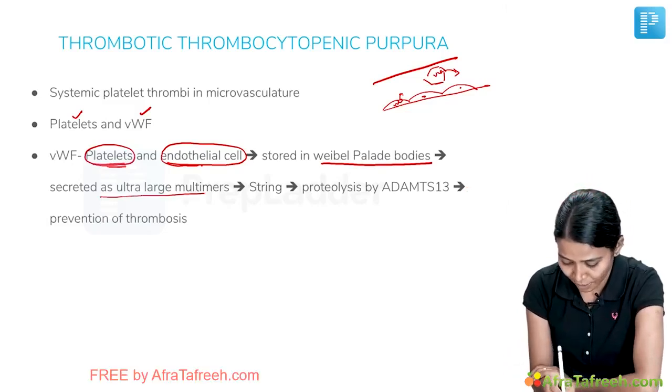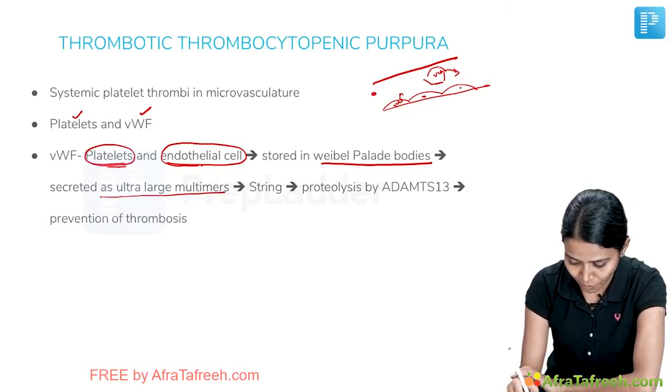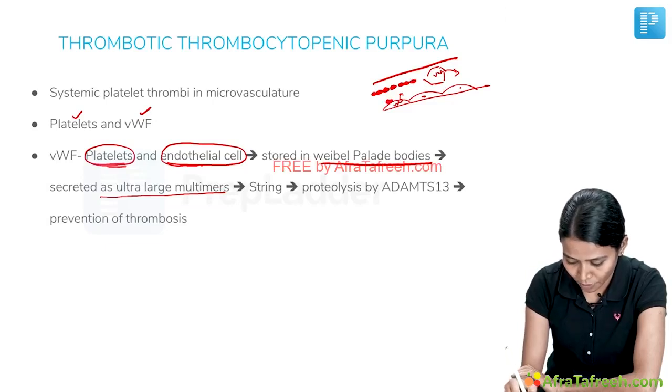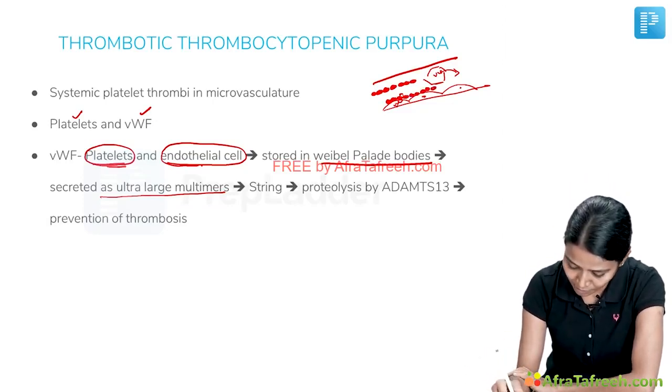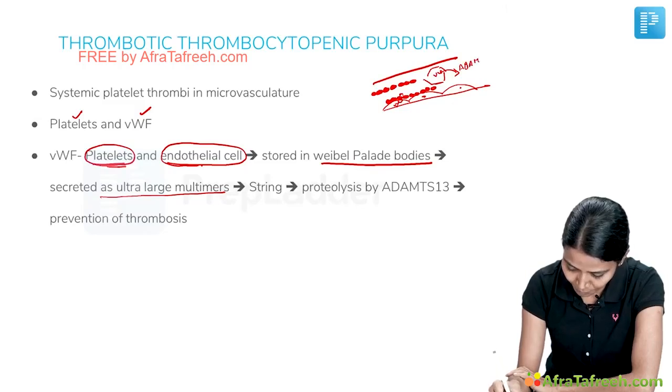So, von Willebrand factor is going to be secreted by both these cells. Okay, it is stored in something called Weibel-Palade bodies that are present in these cells. These are secreted as ultra large multimers, which can get deposited on the blood vessel and cause thrombosis. Now, to prevent this, the body releases a serine protease called ADAMTS13, which will break this.